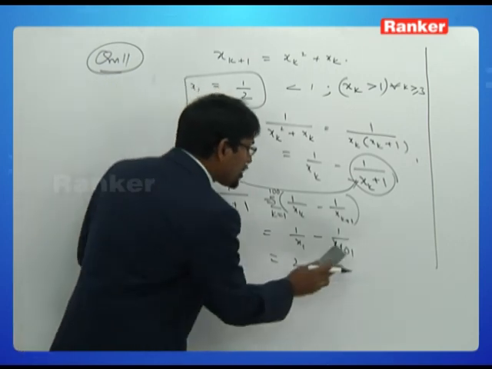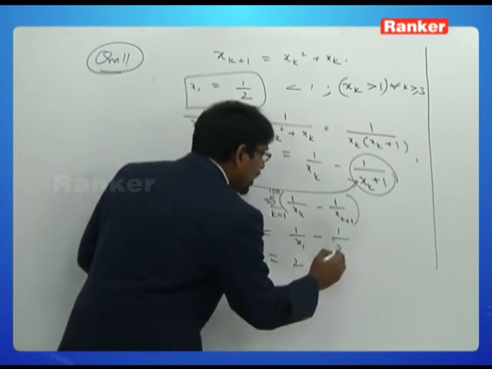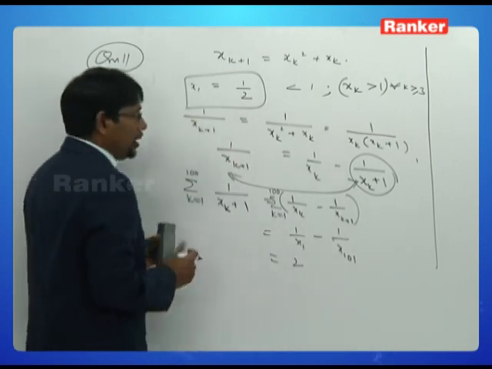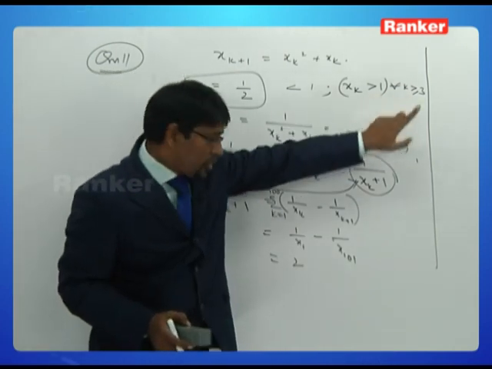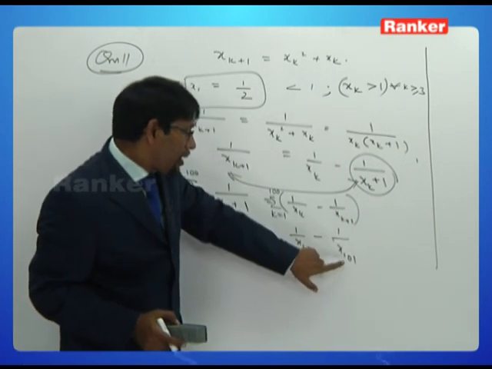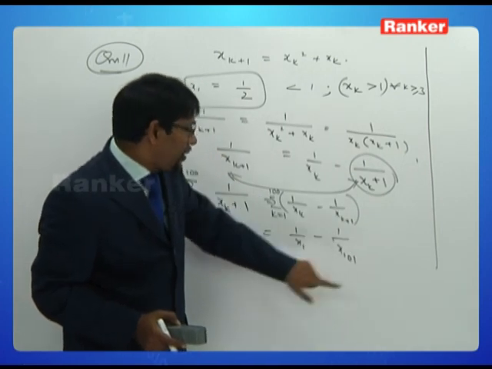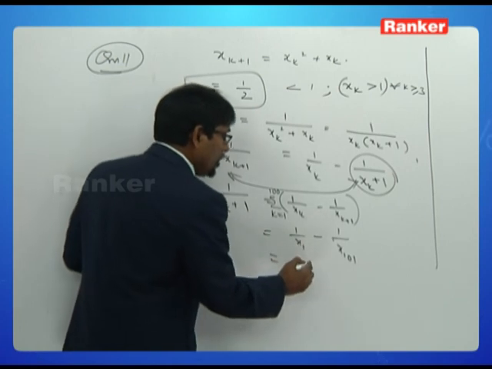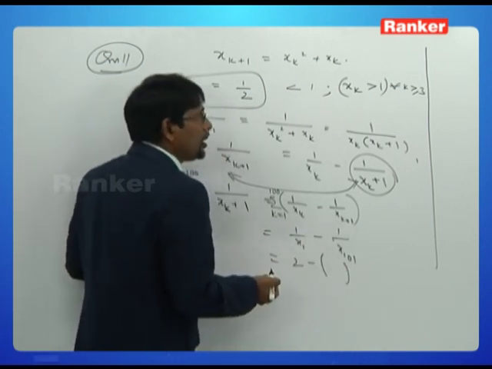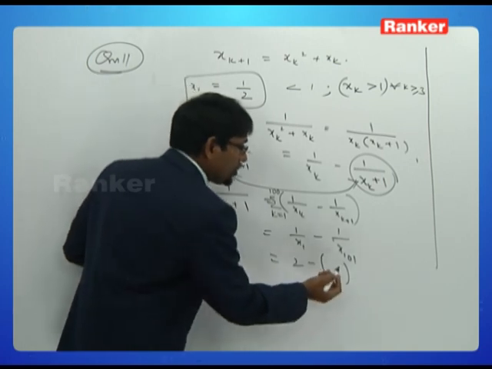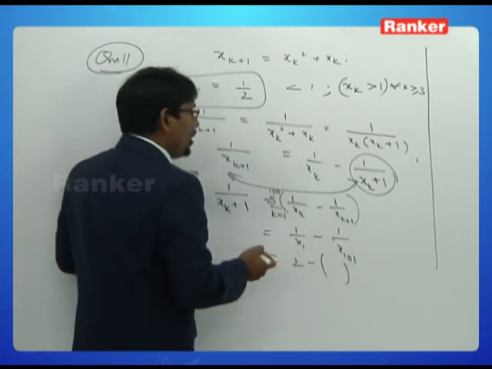Now what about the term we have written? It is x101. Is 101 greater than 3? Of course it is greater than 3. So what do you have? 1 by x101 has to be less than 1 there. So this will be 2 minus a quantity less than 1 but greater than 0.